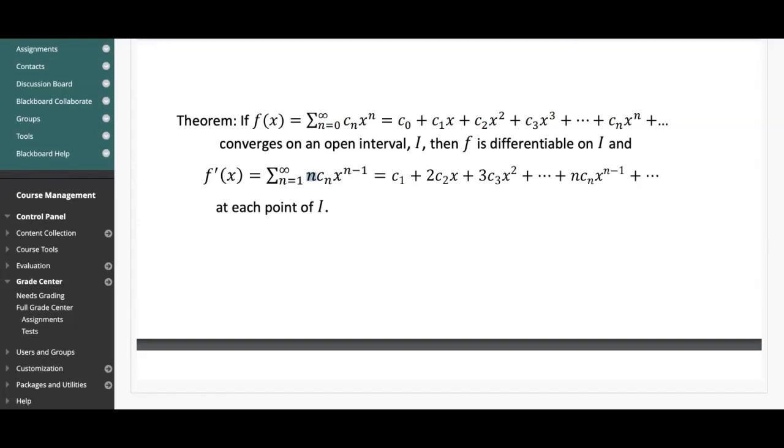Remember the power rule, right? Take down n, multiply n with Cn, then subtract 1 from n. So we get this, n times Cn, x raised to n minus 1. Power rule. Because this is just like infinitely many terms of polynomials.